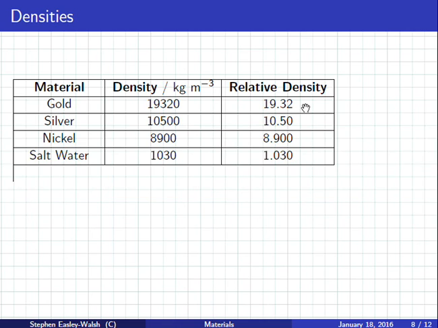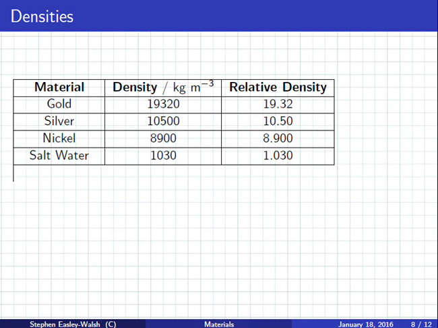Okay. So, anyway, going back to the water, its value is very important. And not only is its value very important, it's often very important to know how your density compares to water. So, for example, gold, what was the density of gold? Do you remember roughly? 19,000 kilograms per meter cubed.